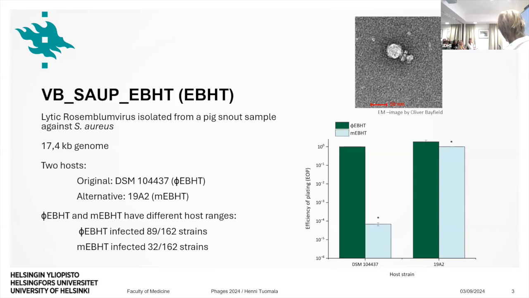During other experiments, we noticed that after producing in the alternative host, the EBHD infection efficiency in the original host decreases quite drastically. This change in the host range is quite drastic: out of 162 clinical and pig isolates, the PEBHD infected 89 strains, while the MEBHD infected only 32.